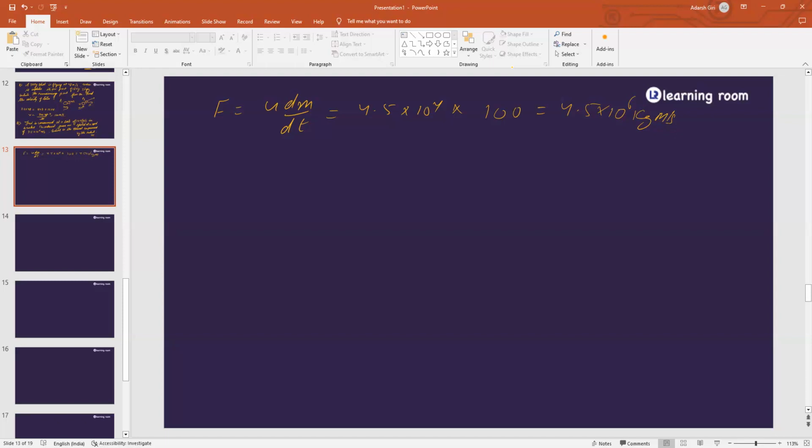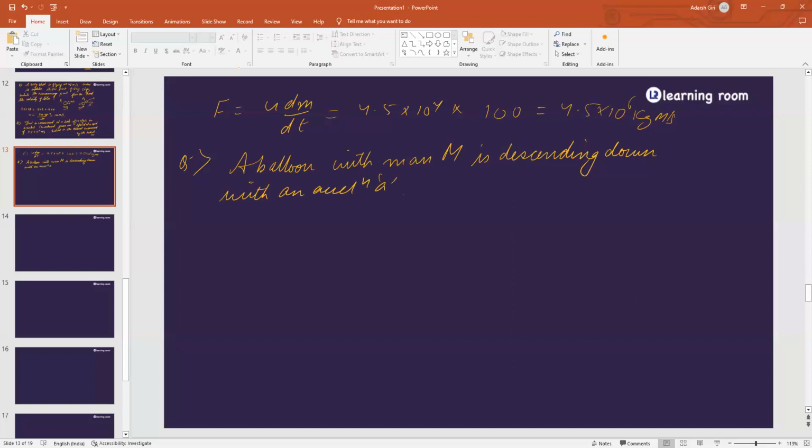Question says that a balloon with mass capital M is descending down with an acceleration a, where a is less than g.